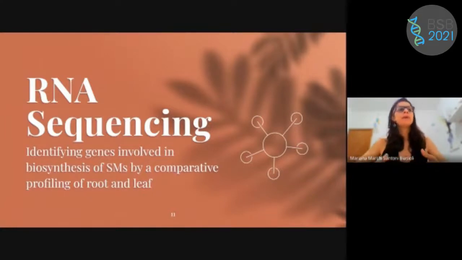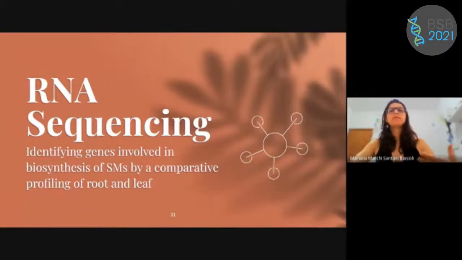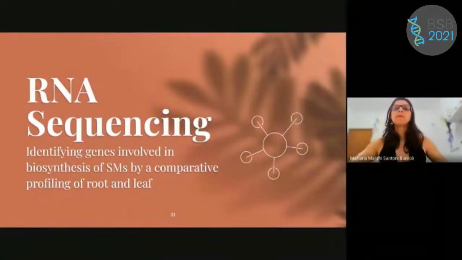So we wanted to know the gene sequence of the enzymes involved in secondary metabolic pathways using this tree, Maytenus ilicifolia, to identify genes involved in metabolic pathway of secondary metabolites.